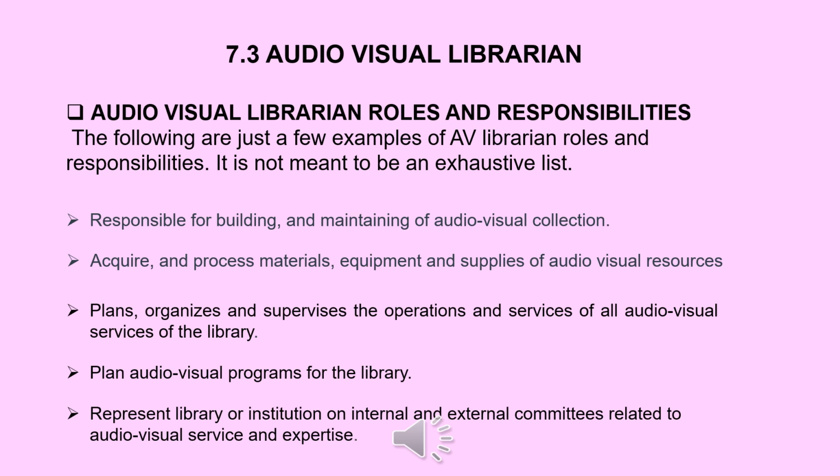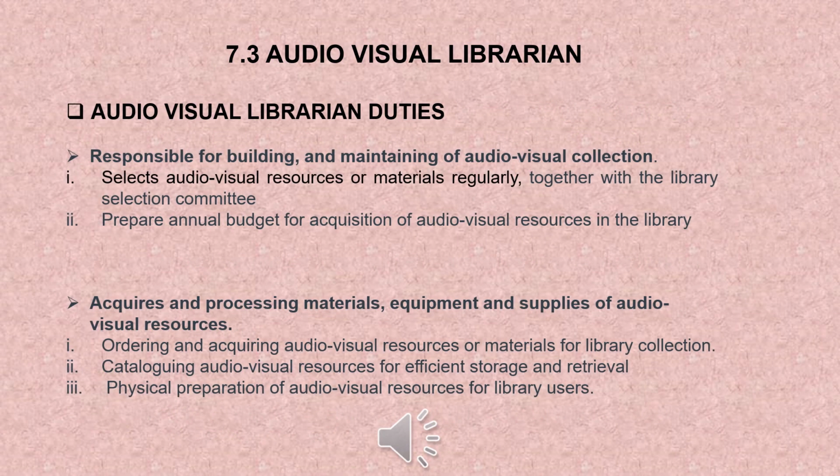4. Plan audio-visual programs for the library. And 5. Represent library or institution on internal and external committees related to audio-visual service and expertise. The following slides will elaborate on the above. Let us look at some of the roles and responsibilities of an audio-visual librarian as mentioned in the previous slide.